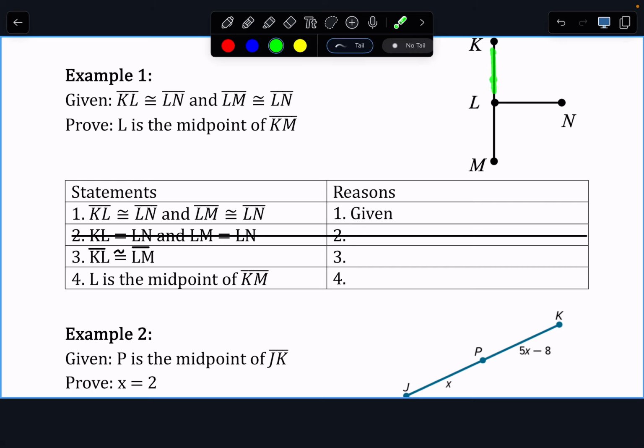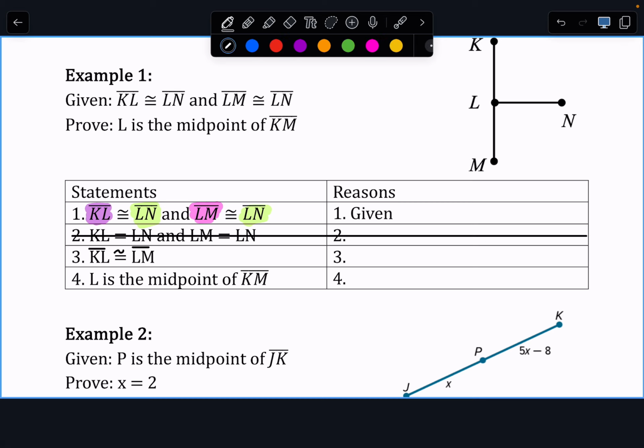KL, so here's KL, is congruent to LN. And LM is congruent to LN. Interesting. Can we use the transitive property on that?